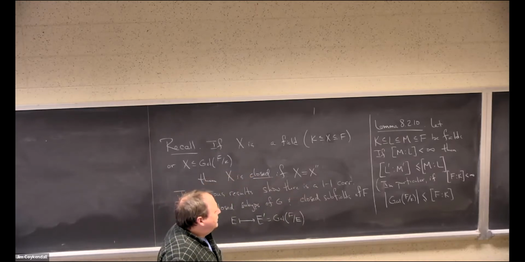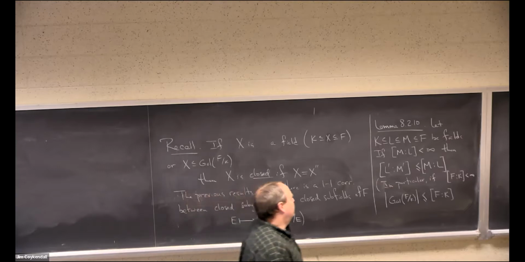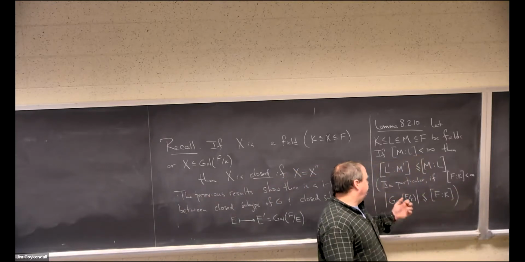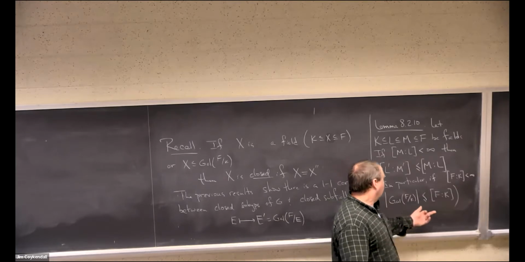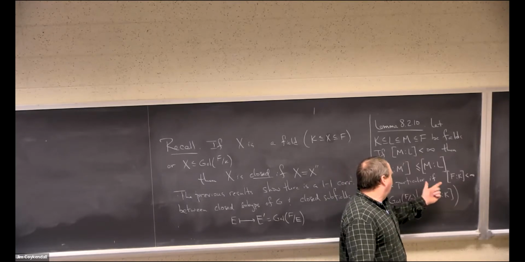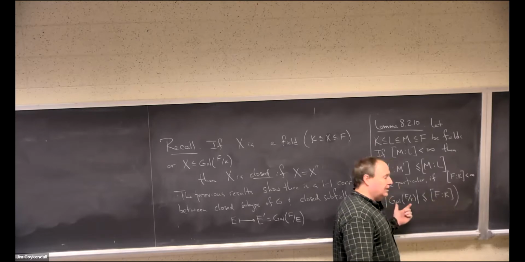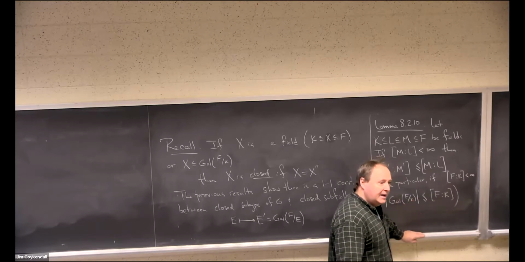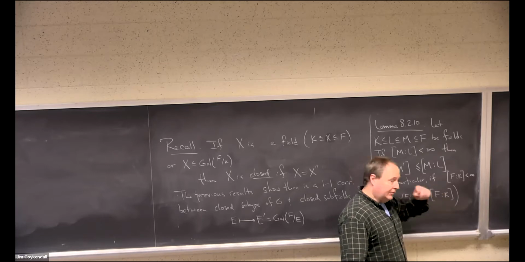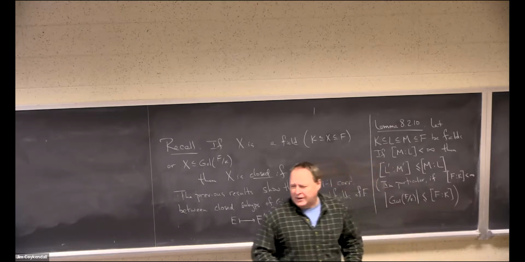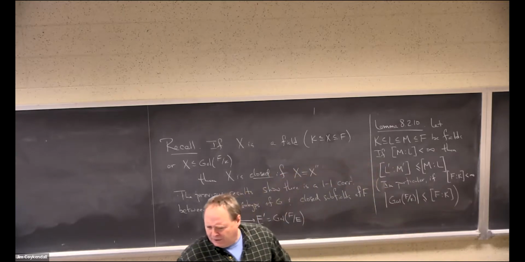I like that, sort of in particular, note as well. Because what this says is, if the degree of F over K is finite, then the number of automorphisms of F that fix K is less than this degree, right? So that gives you an upper bound on the size of the Galois group.